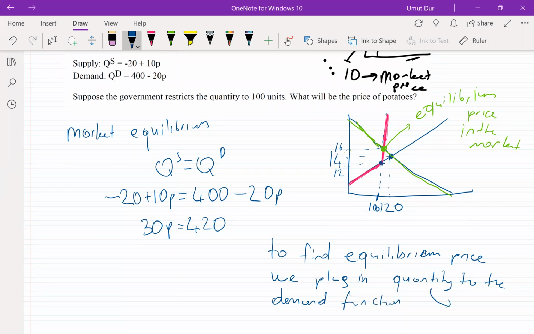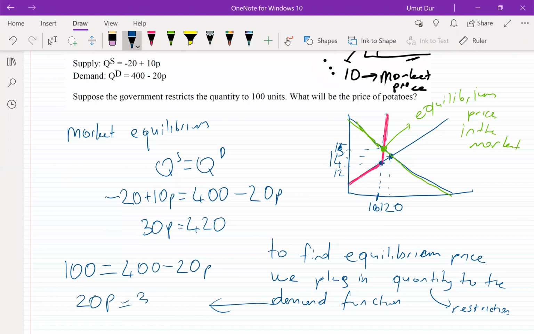Which quantity? This restriction. So I will say that 100 is equal to 400 minus 20p, which will be 20p is equal to 300. So p is equal to 50. That will be the market equilibrium price after the intervention.